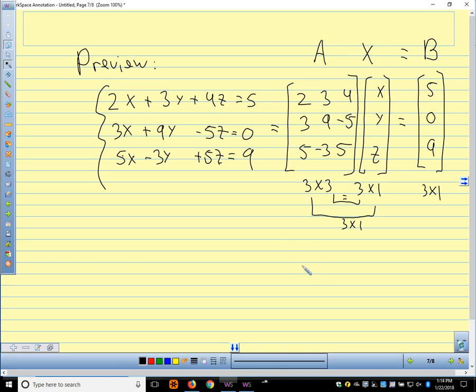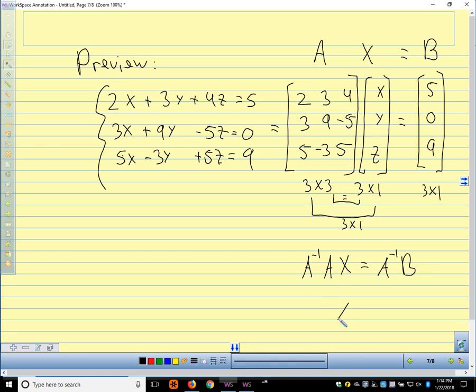So we're going to multiply both sides by the inverse of A. And we have this nice property that A inverse times A is the identity matrix, which is just like the number 1.